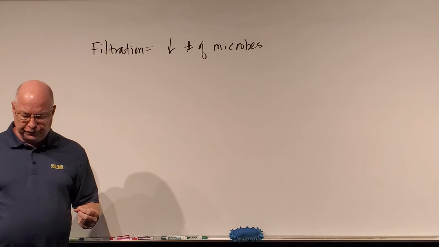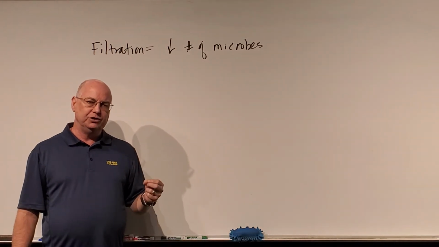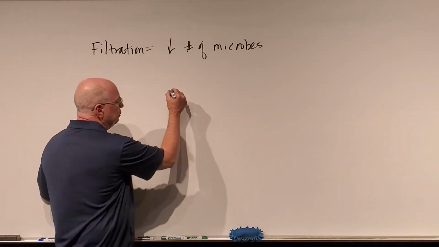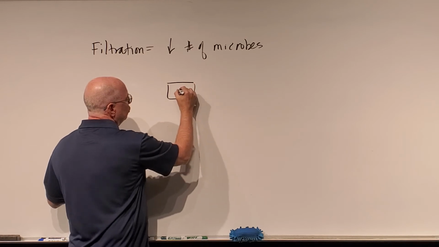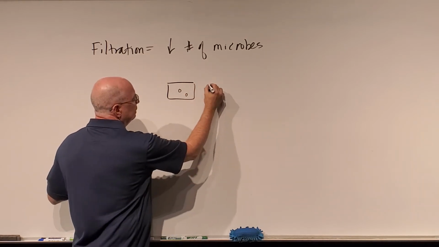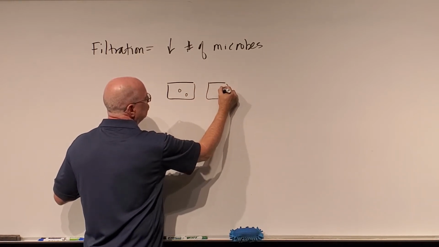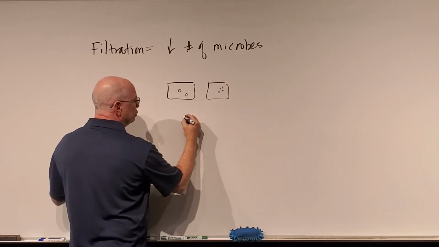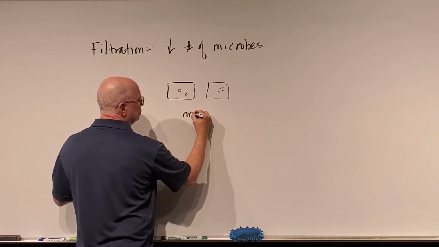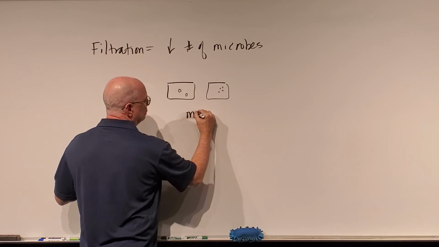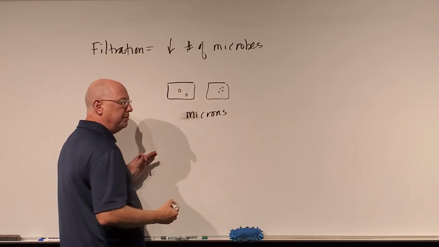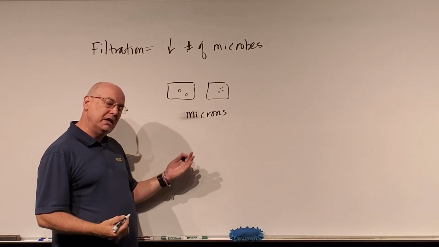And there's specific filters that are designed for specific uses, and the smaller the pore size, so one filter might have pores this big, the next filter might have even smaller pores. And these pores are on the level of microns, right? And we talked about microns for those of you that have lab. A micron is a micrometer or a millionth of a meter.